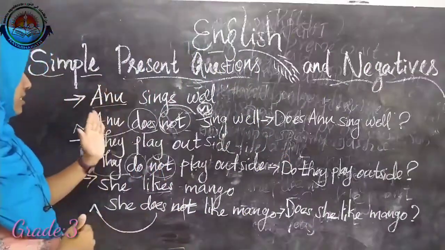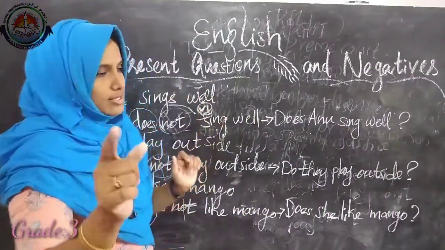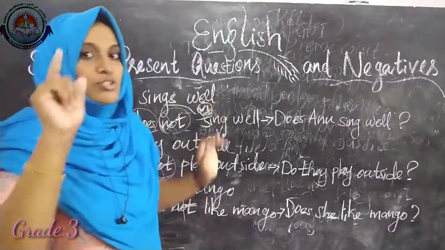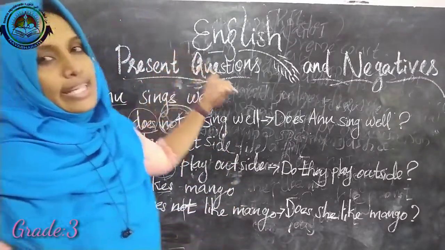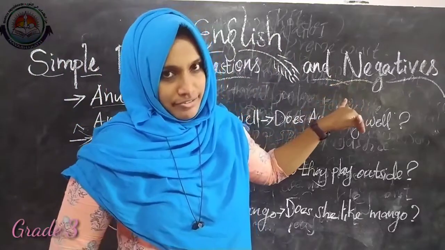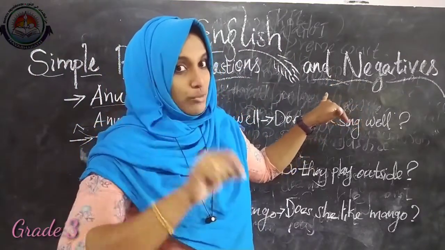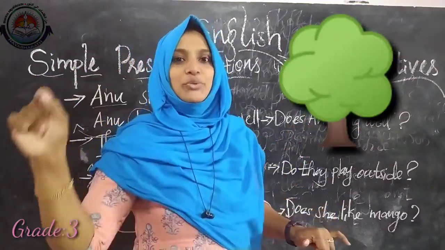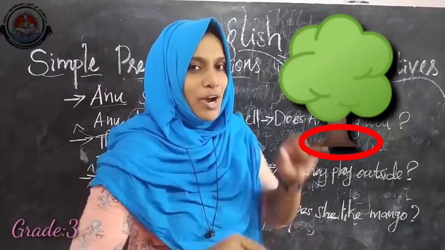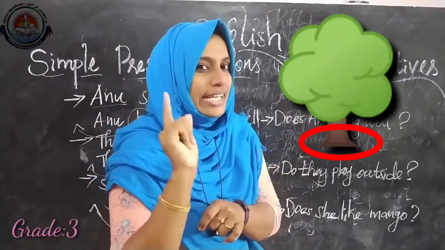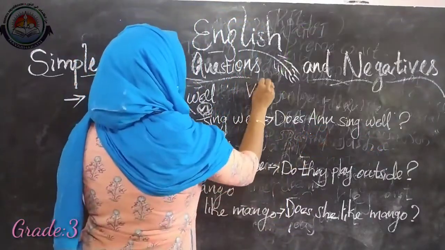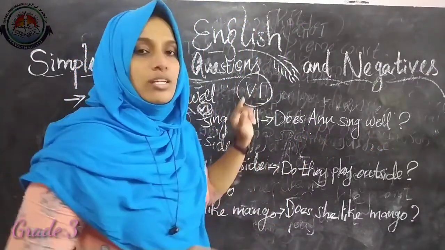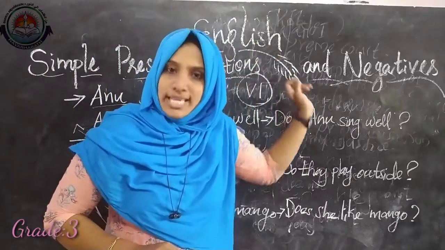We have learned this: Anu sings well. This is a simple sentence. First you have to change this simple sentence into its negative form. First change the verb into its root form, base form, or else we say V1. In short, we say V1 or root form or base form.